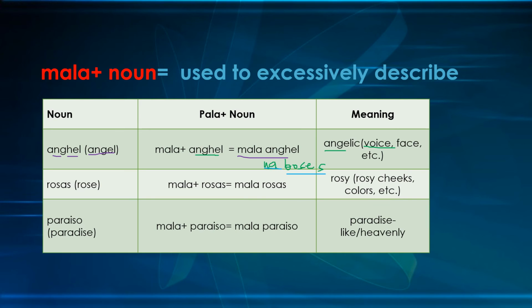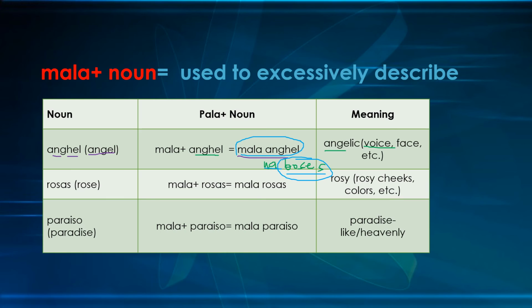Na is the particle that we use to pinpoint the subject, voice. Malaanghel is the adjective, and it is used to describe this voice. Malaanghel na boses, angelic voice.